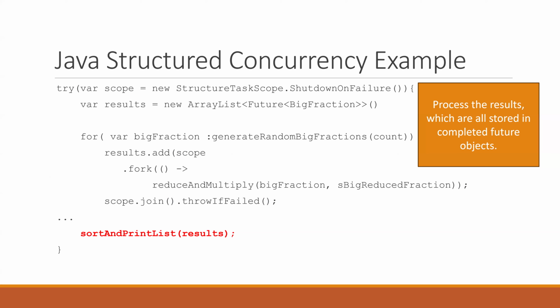You've got a bunch of threads still running in the JVM or even in the OS kernel. So the idea here is that this manages the threads for you more effectively. So we talked about the scope join here: I only do the sort and print list when all the threads are done, or if I get an exception here.